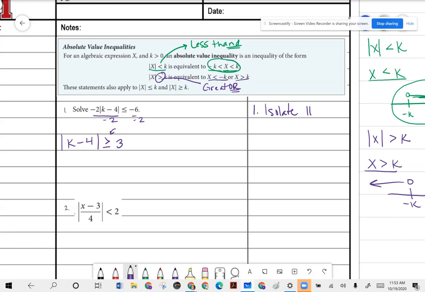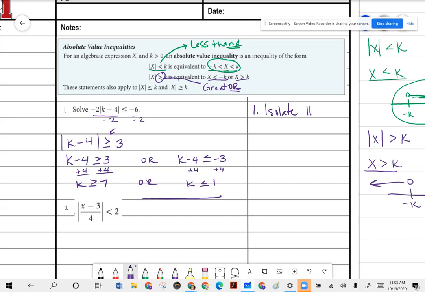So let's break this up into two equations. This is k minus 4 is greater than or equal to 3, or k minus 4 is less than or equal to -3. If we add 4, we get k is greater than or equal to 7. Or, if we add 4 here, we get k is less than or equal to 1.